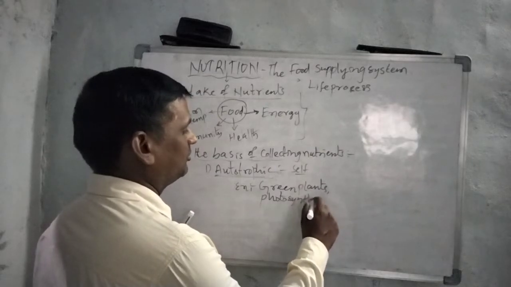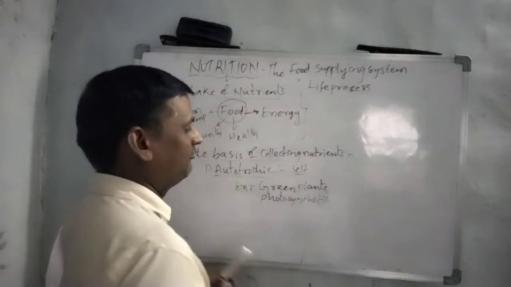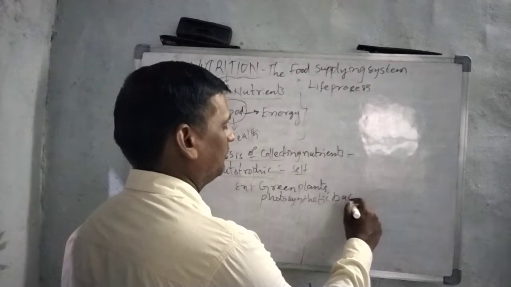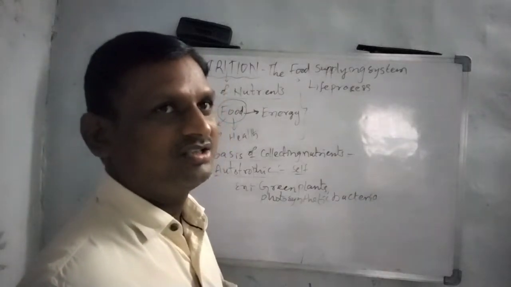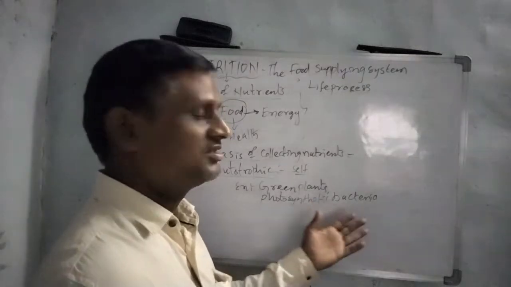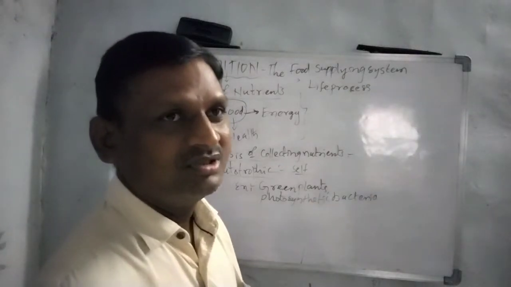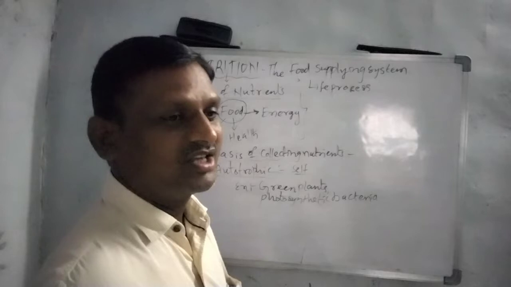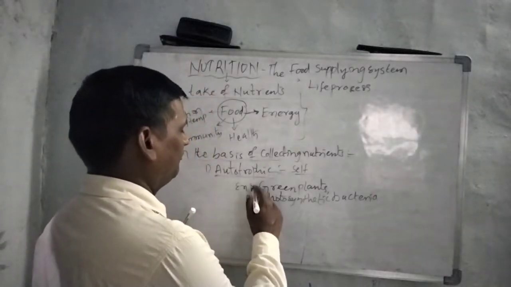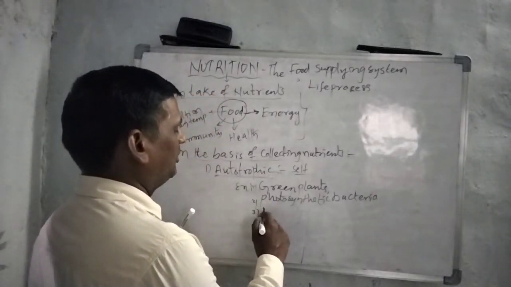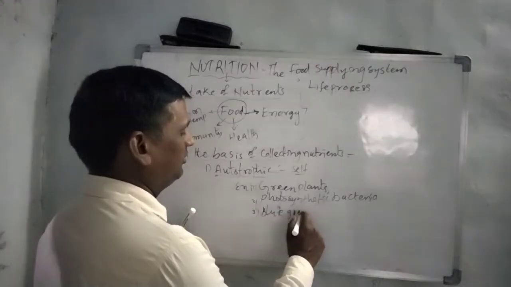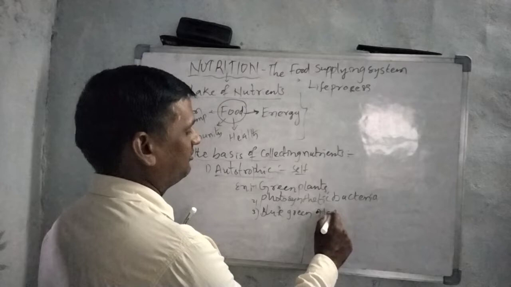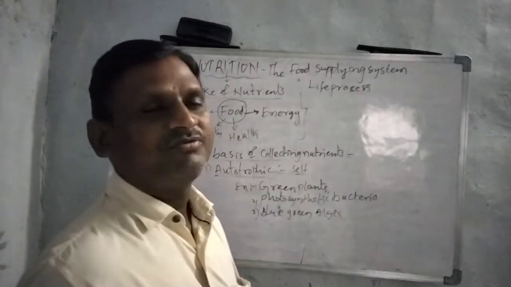There are some small photosynthetic bacteria which can also prepare food by themselves. In these photosynthetic bacteria, instead of oxygen, hydrogen sulfide gas, sulfur, might be produced. The third one is blue green algae. So these are the examples for autotrophic nutrition.